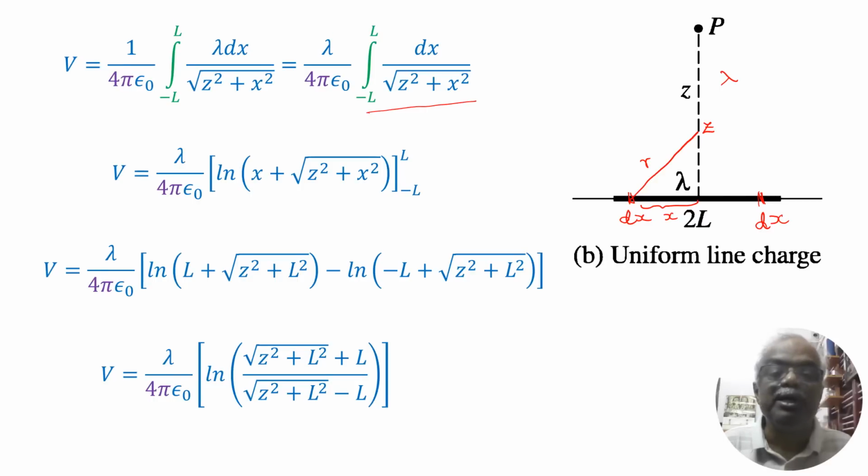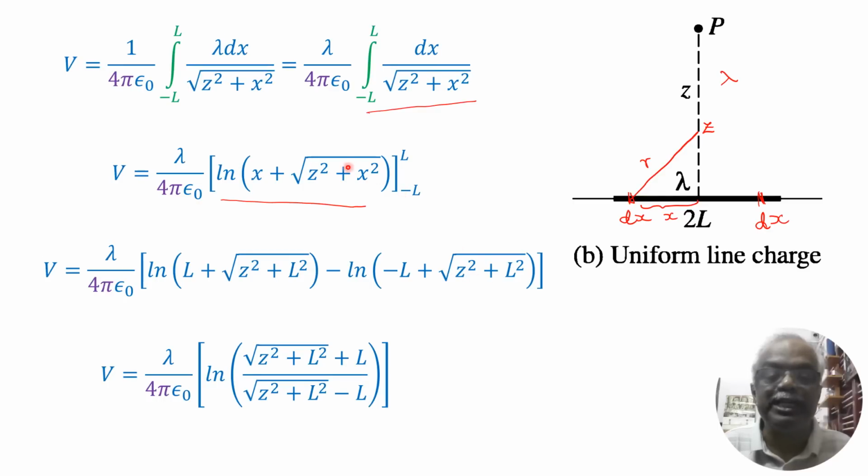The integral value is the natural logarithm of x plus the square root of z squared plus x squared, between the limits minus L to plus L. If you apply the upper limit x equal to L, this will become L squared, and this will become L. The lower limit is minus L, so this x will become minus L, plus the square root of z squared plus x squared.